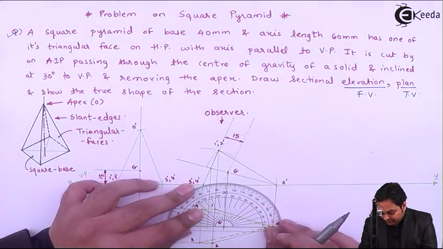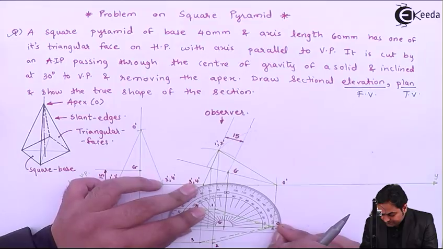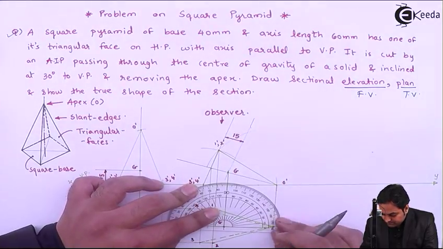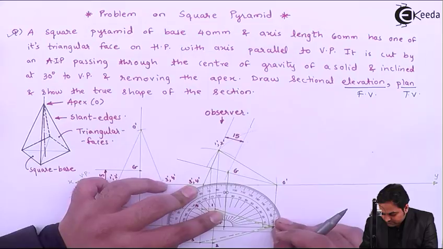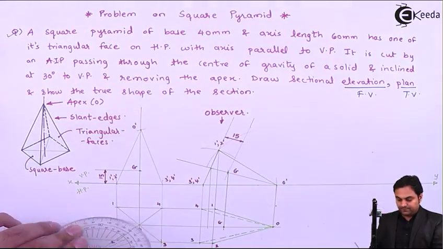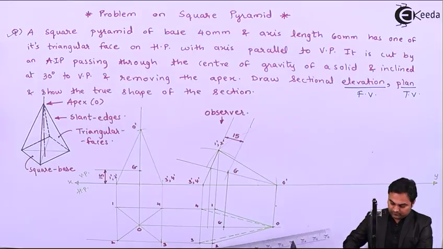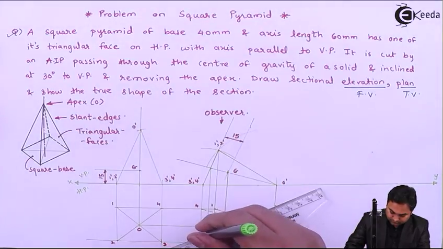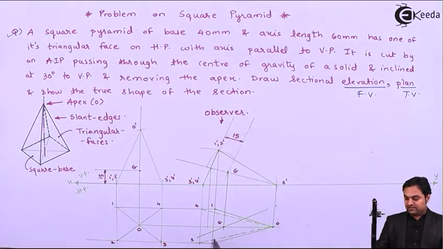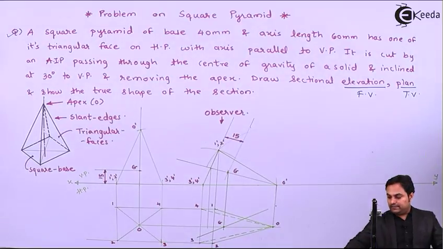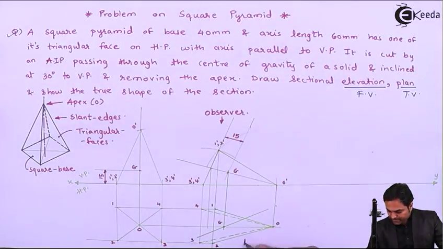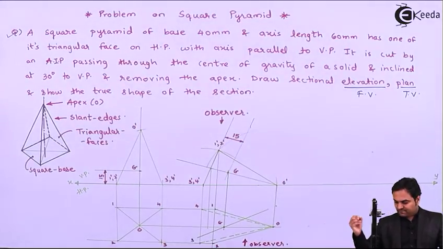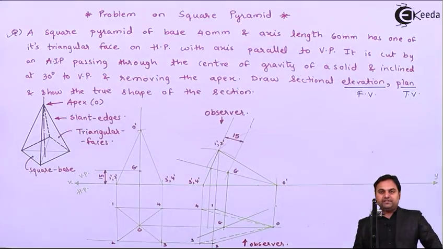But if I measure the angle from the other side, 30 degree, now if I join this, so this is the line which I am getting, which is the cutting plane line, and as an observer here, we have to see which part is to be retained, which is to be removed.